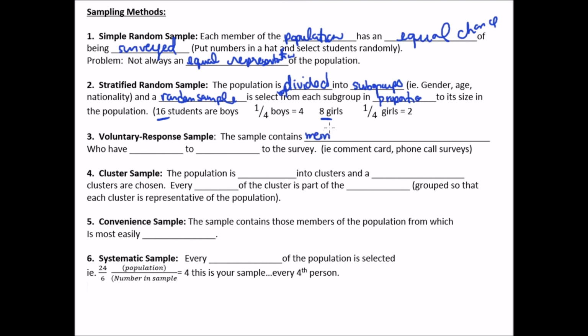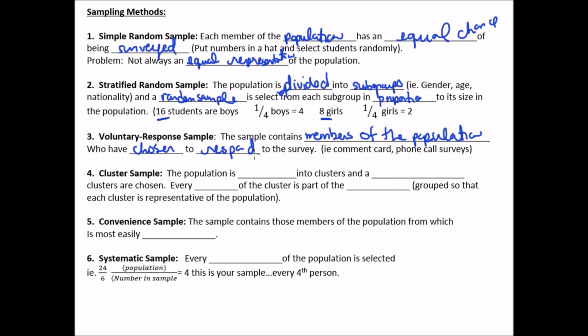Like a comment card at a restaurant, you can choose whether or not to fill it out. If a phone call survey calls you, you can choose whether or not to hang up.